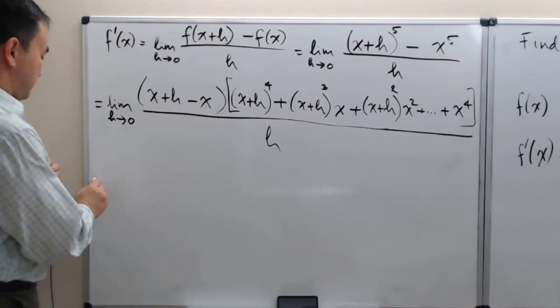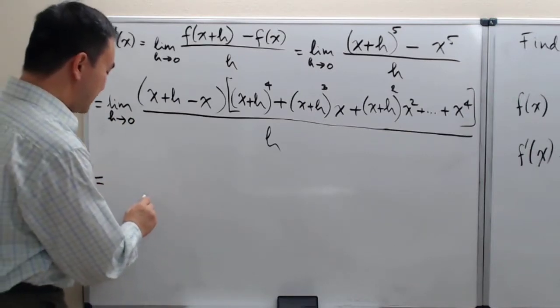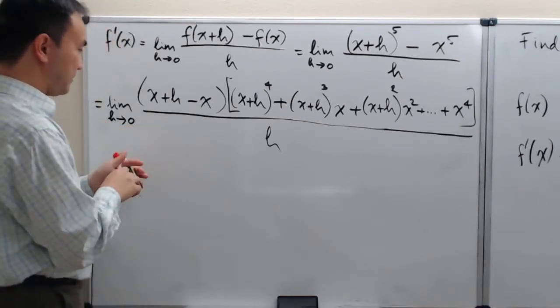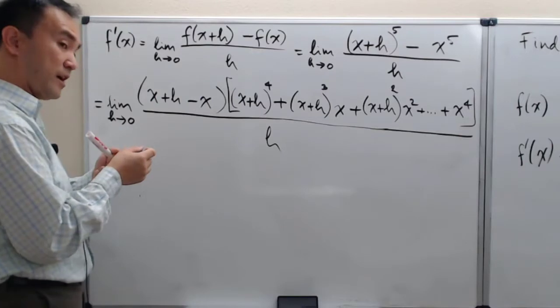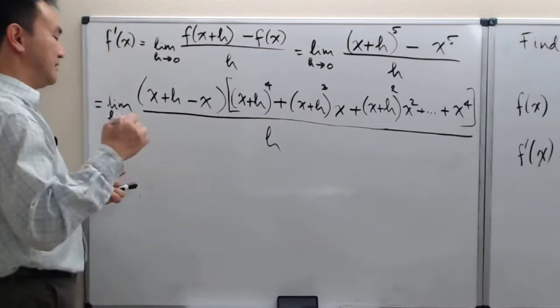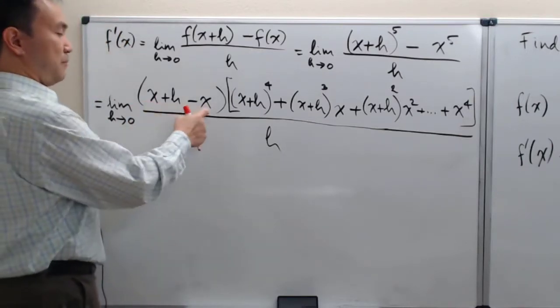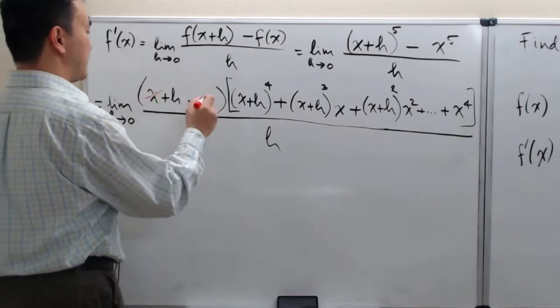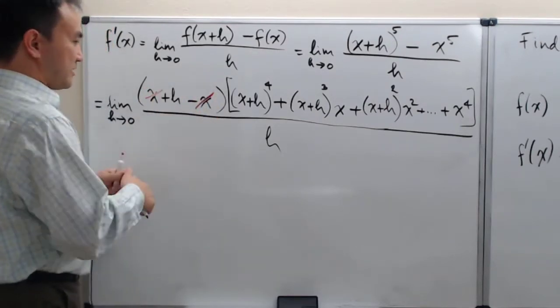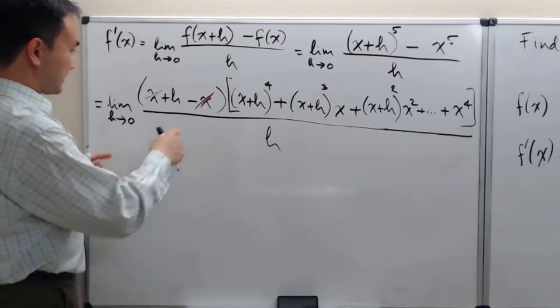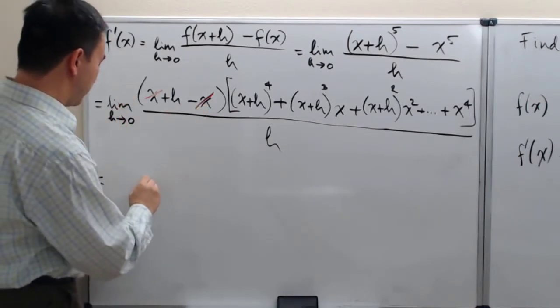So now, in my next step, think about the first factor right here, which is right in front of me and hopefully right in front of anyone viewing this video. We have opposite terms here, so we can cancel that out. And so our first factor is now reduced to h.